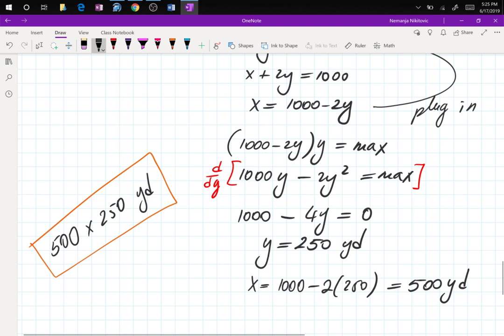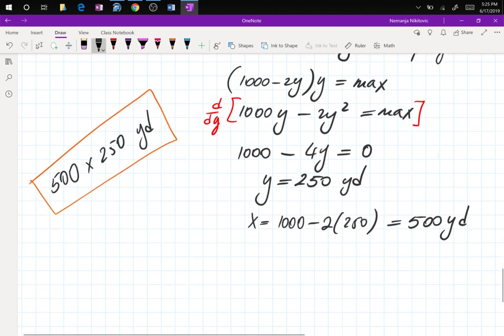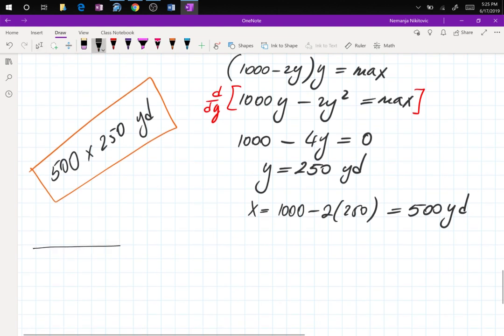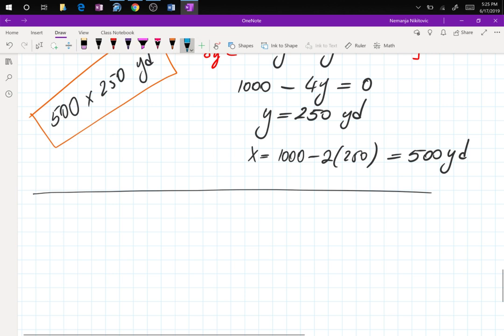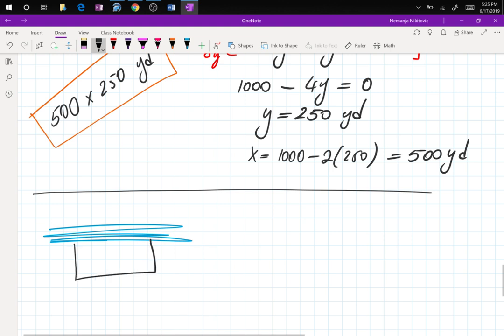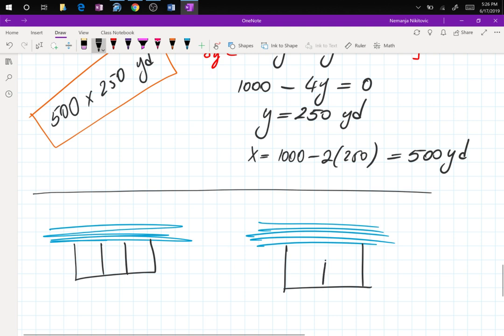There are endless combinations that you can make and enjoy. How about you put the river, let's say, and then you put a quarter like that, so that this is x over 2 and y over 2, but the whole thing is y and the whole thing is x, right?